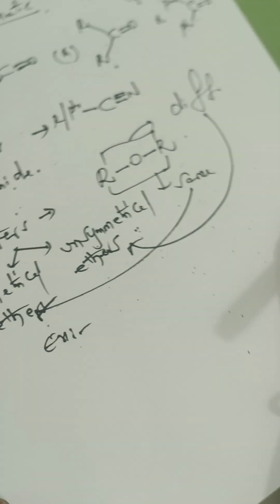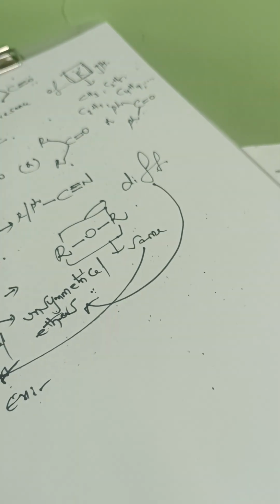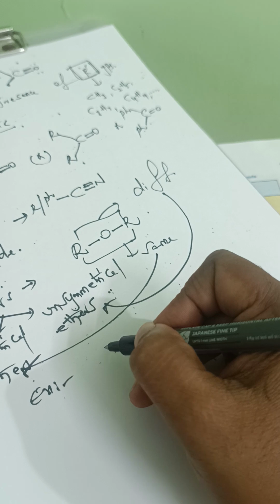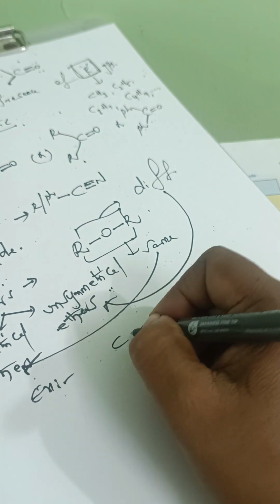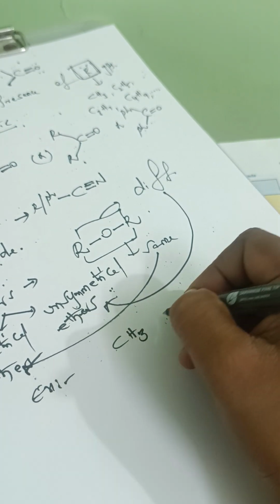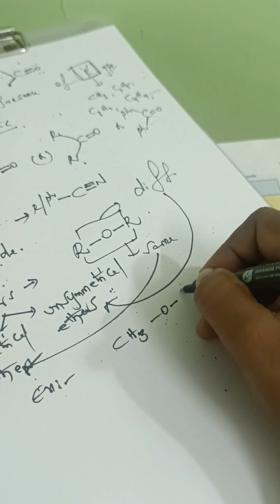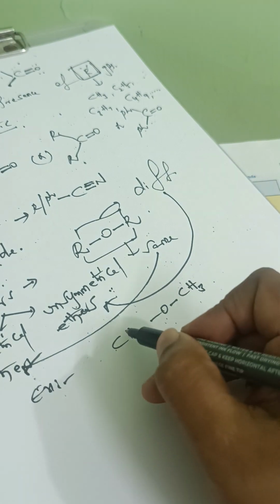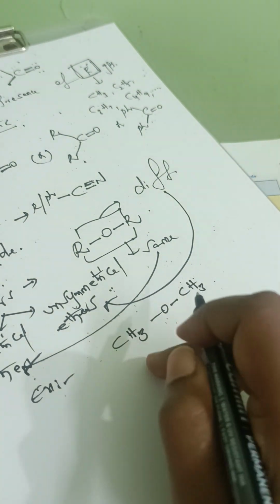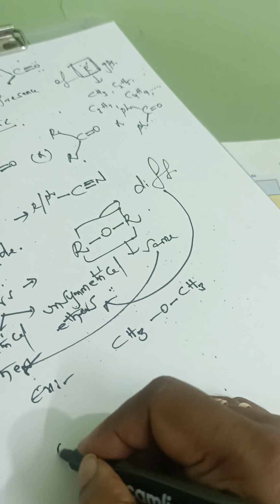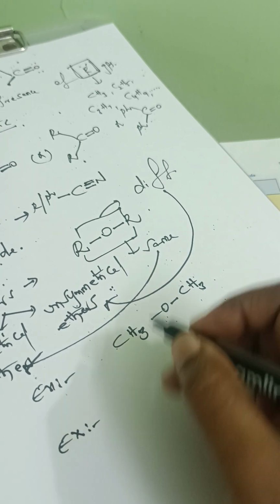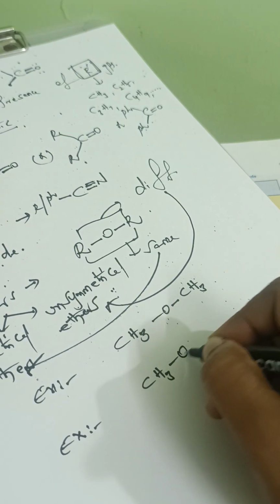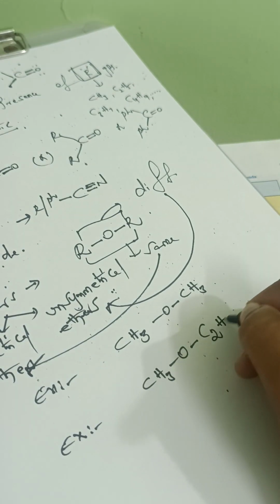I'll take one example so you can understand very well. For symmetrical ether, CH3 bond O bond CH3, and this is symmetrical because both the alkyl groups are the same. For unsymmetrical, one is CH3 and the other one is C2H5.